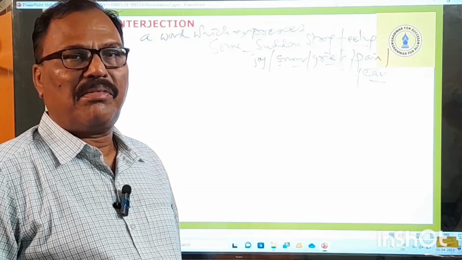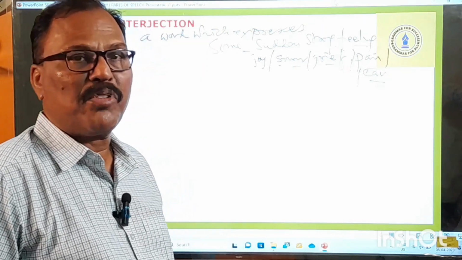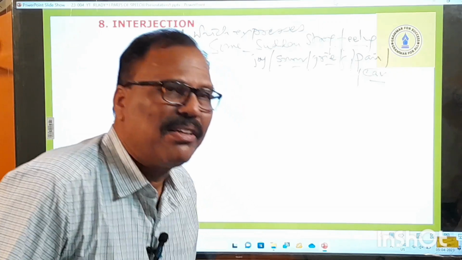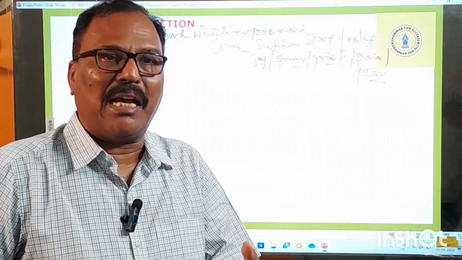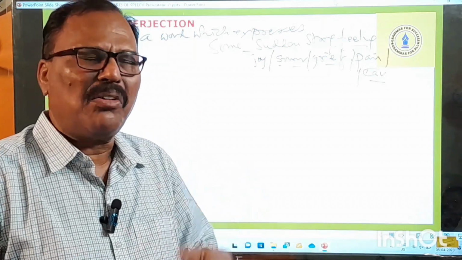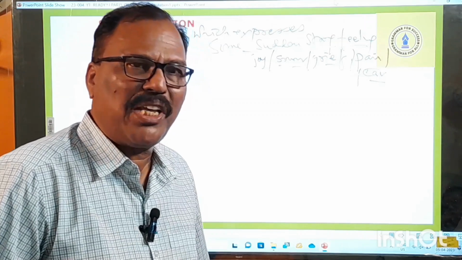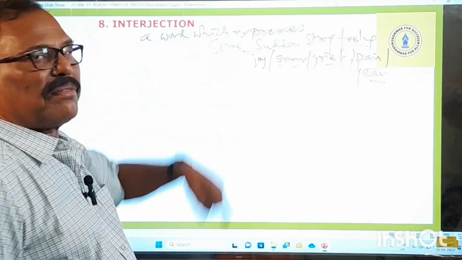What do you say? Will you smile and say, hey? No. In your language, whether it is Tamil, Marathi, Kannada, Telugu or Hindi, some word you say, that word itself is called an interjection.